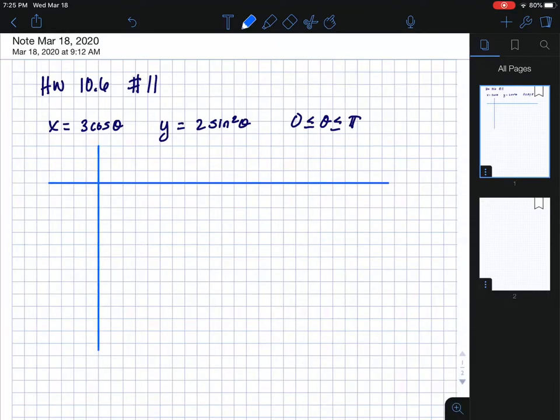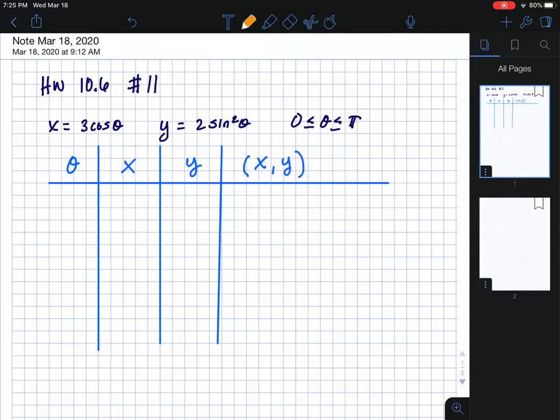I'm going to make this our theta. I'm making this x. This is our y. And this is our x, comma y. We're just going to create ordered pairs here.